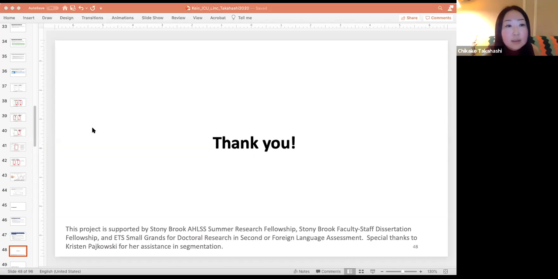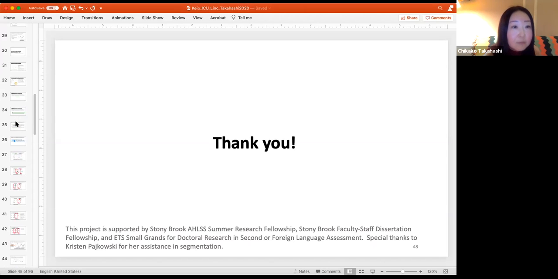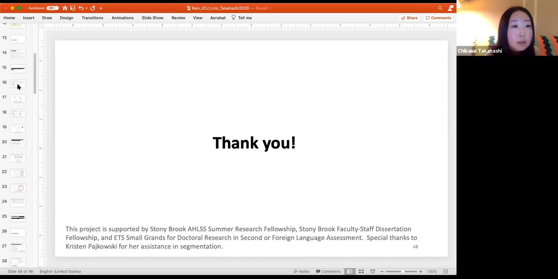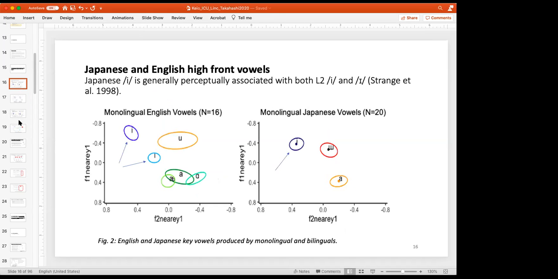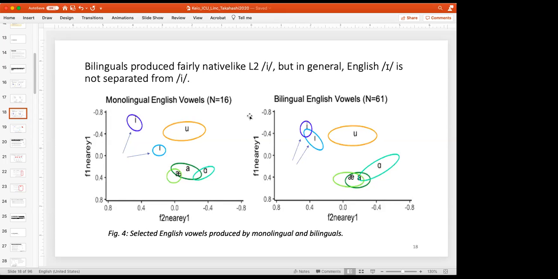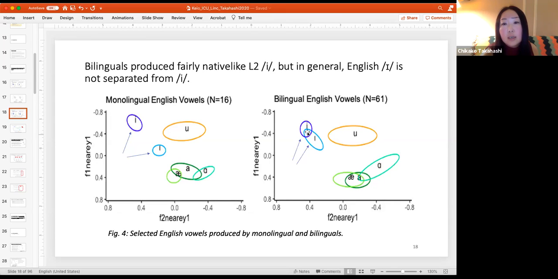I think the fact that here English E is a little bit fronter than Japanese E is probably because they were using the longer Japanese E to produce English E. Previous research has shown that long E and short E are not that different in terms of formant values, but it might be a little bit fronter.